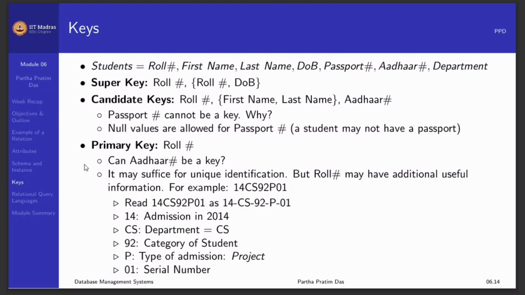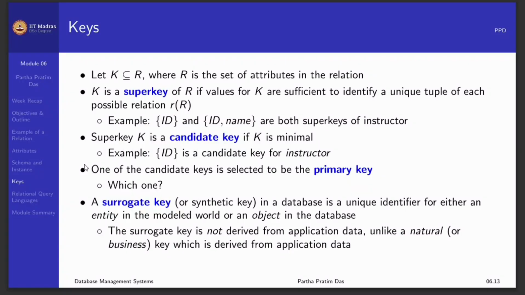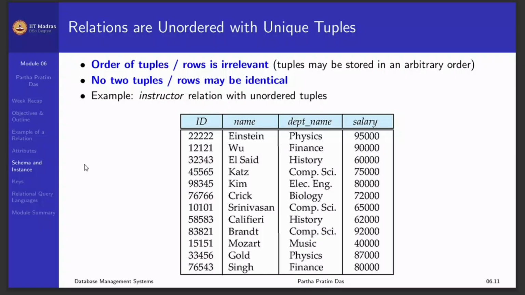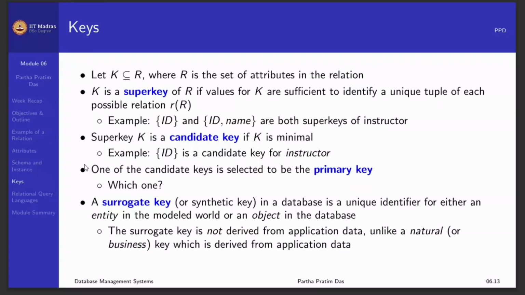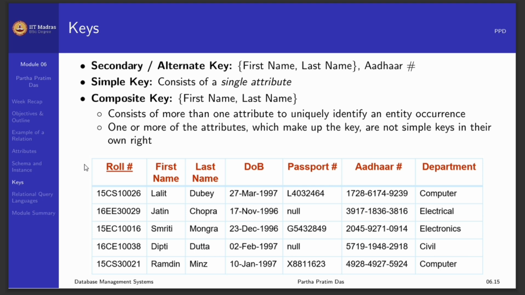So suppose this is the table, and in this table the attributes that we already know are ID, name, department name, and salary. So what is a super key here? To understand the super key, let's see this table. This table has roll number, first name, last name, date of birth, passport, Aadhaar, department.